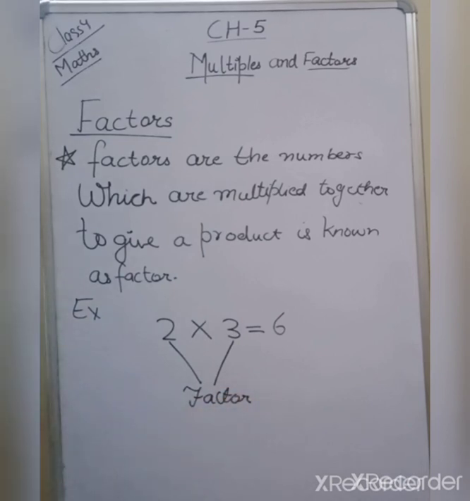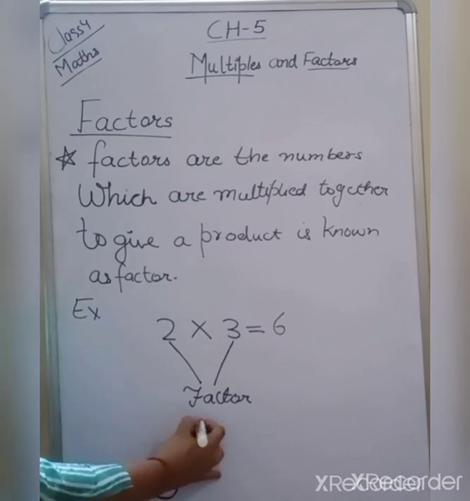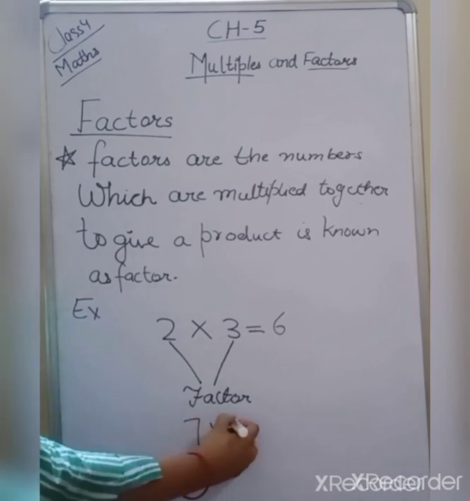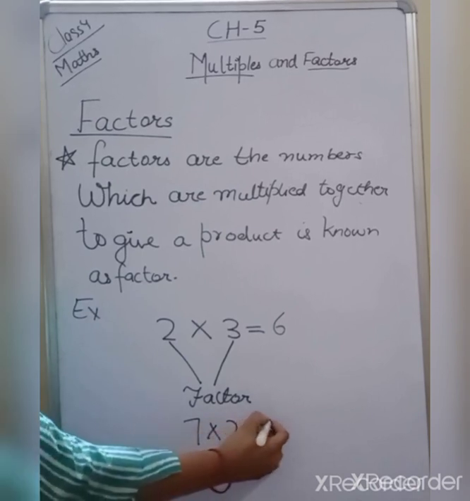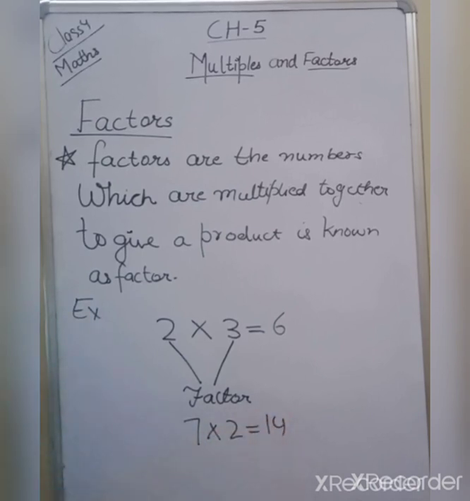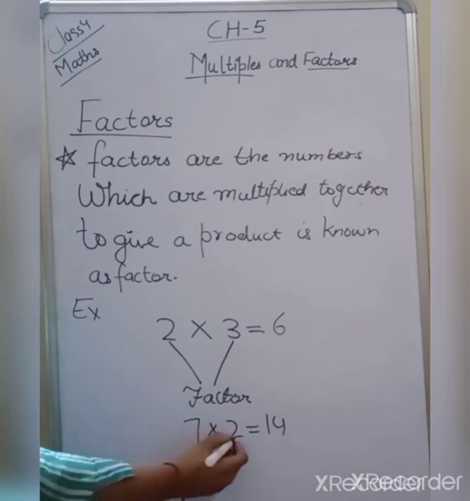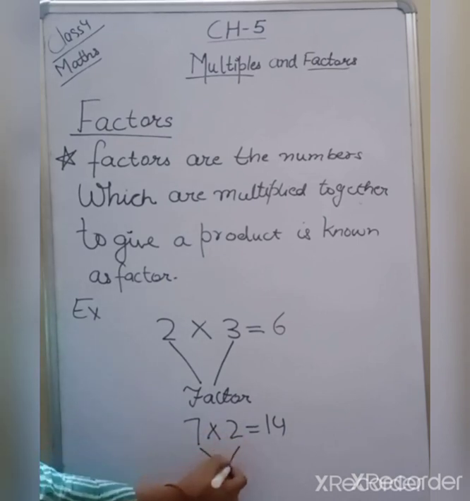Let me take another example. 7 multiplied by 2. When I multiply 7 by 2, I get a product of 14. So what I will say, factors of 14 are 7 and 2.